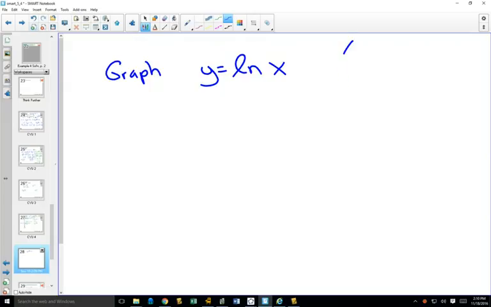So this is the same as log base e of x. And it's called the natural log. And it's ln, I think, from French, logarithm naturel or something fancy like that. Probably.